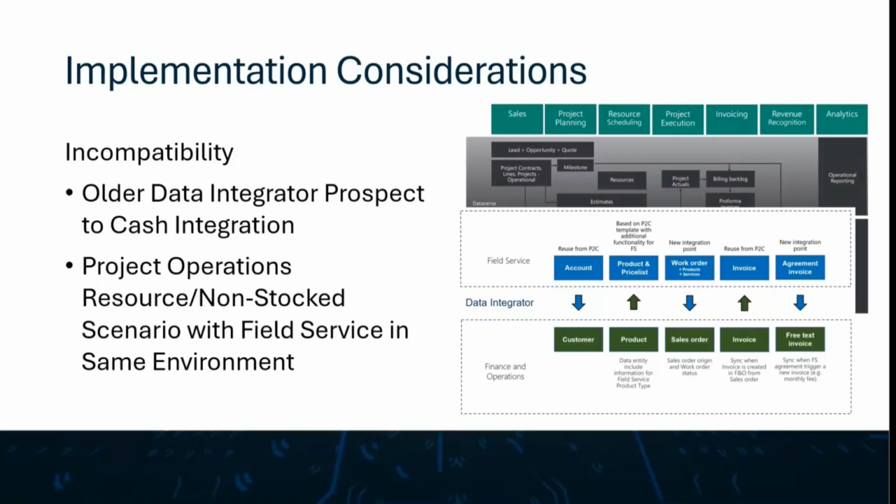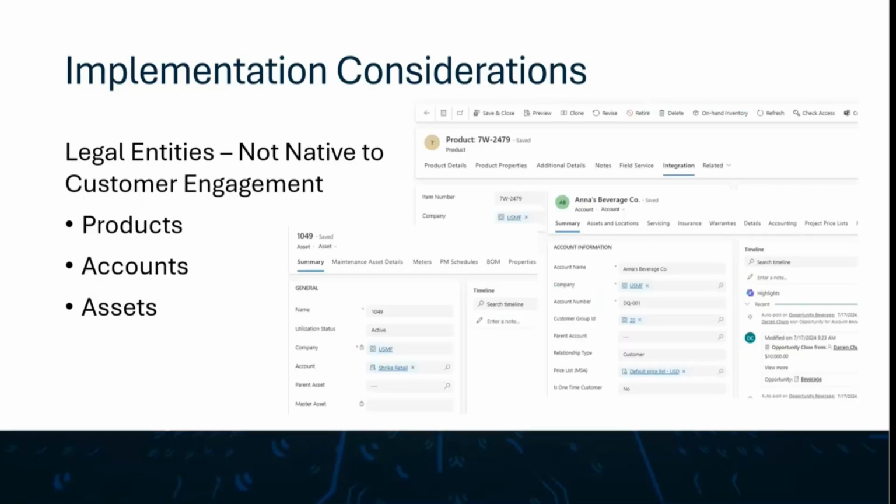Because there'll be a collision. It doesn't know where to write it. If I have a work order, now what project do I write it to? And project operations is also trying to write to the same table. So, something to consider there. And we can give you some more information about that if you'd like to follow up with us.